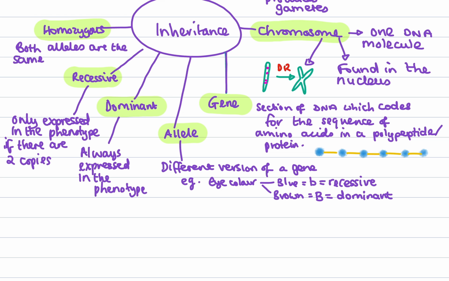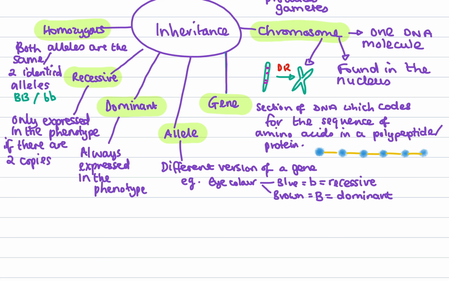An alternative version of this definition is to say two identical alleles. Both definitions are correct. So a homozygous example would be to have two capital B's or two lowercase b's. Homozygous meaning both alleles are the same.